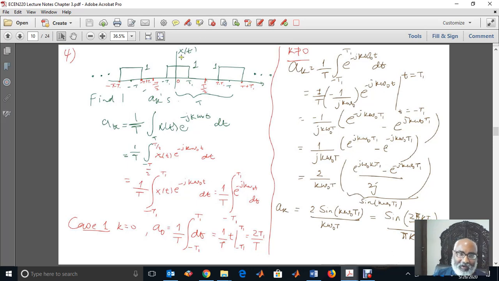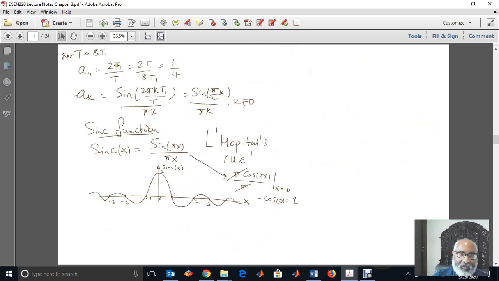So for these rectangular pulses, we found a_0 is 2 T1 over T, and the rest of the a_k are governed by this equation: a_k is sine of 2 pi k T1 over T, over pi k.